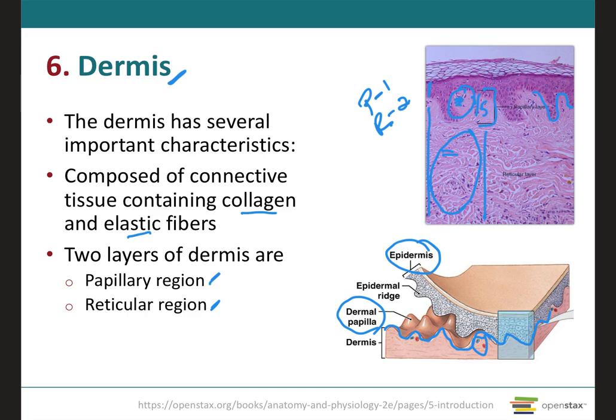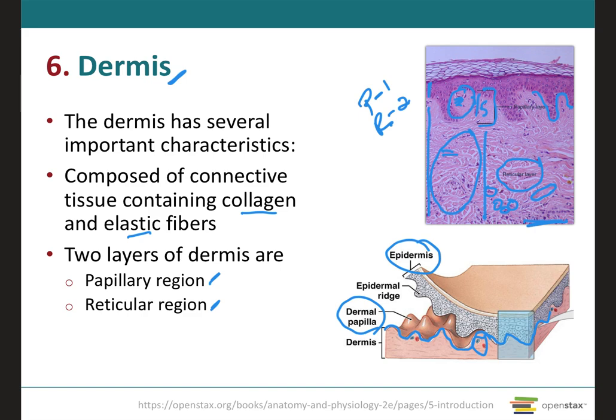The reticular region or area, which is this one right over here, which is attached to the subcutaneous layer, is going to contain bundles of thick collagen fibers with also scattered fibroblasts in the middle of these collagen fibers. And you're going to also have various wandering cells such as macrophages, mast cells, neutrophils, in addition to some very coarse elastic fibers.